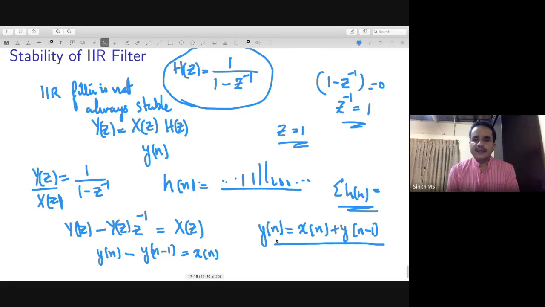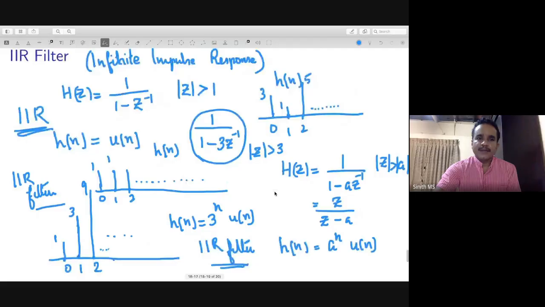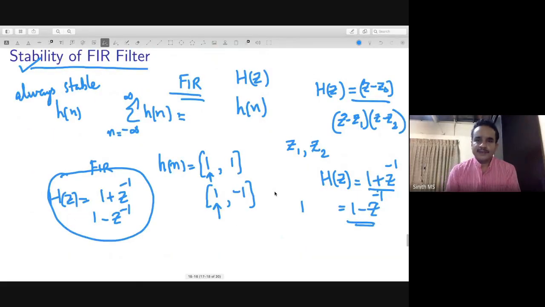So this kind of response of a system indicates that the system is an IIR filter. See, let us take the example of an FIR filter. Here H(z) is 1 minus z inverse. Here also you can write it as Y(z) by X(z) equal to 1 minus z inverse.